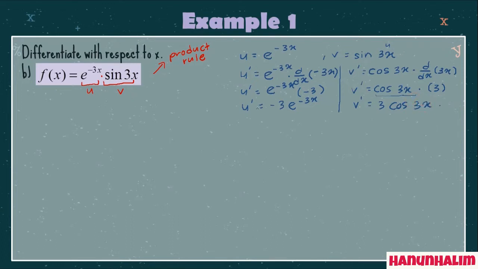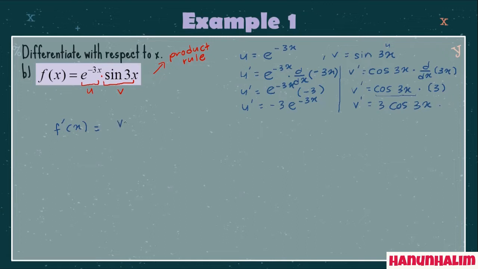After we get u prime and v prime, we can find f prime x. Firstly, product rule. Write the formula first.